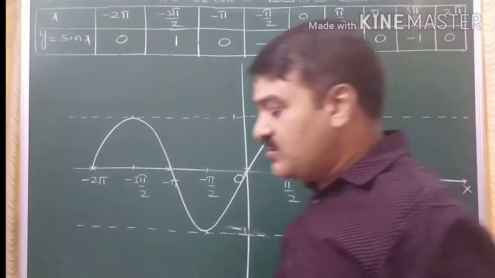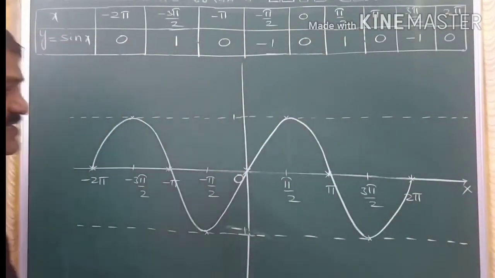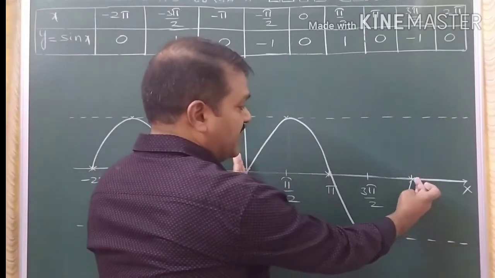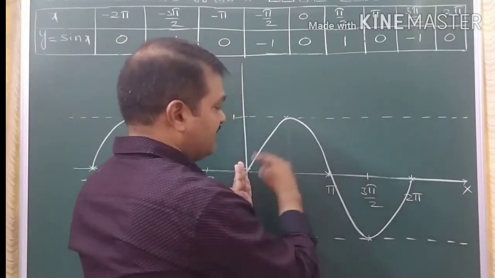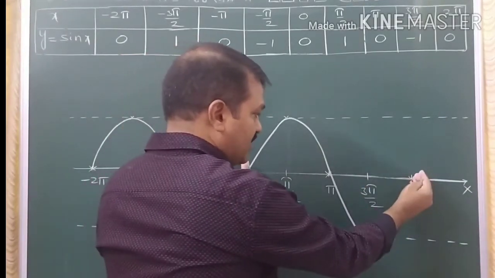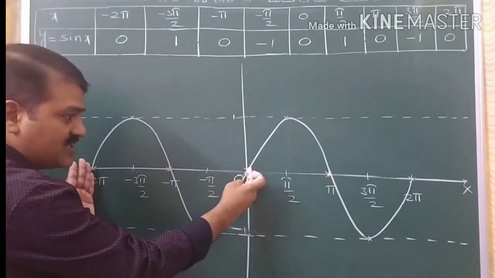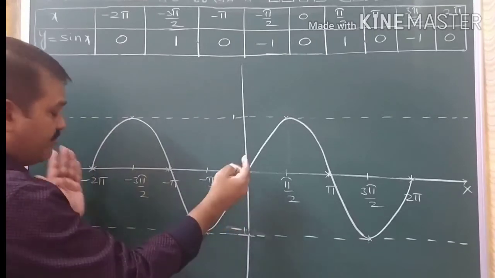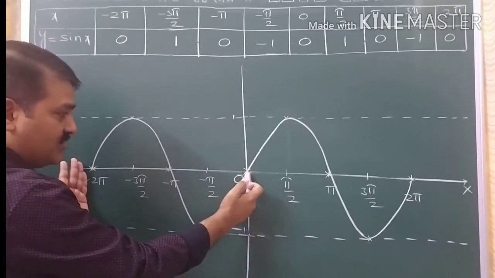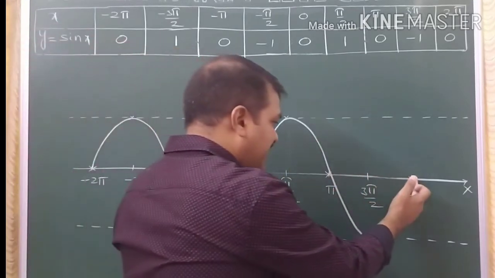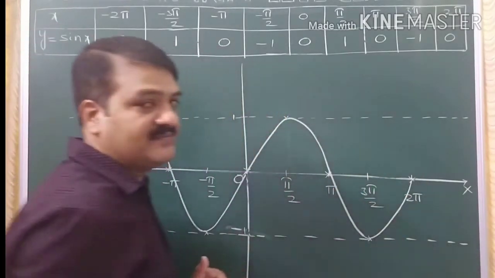Okay, so one more concept we have to discuss in this. When you observe the graph carefully, between 0 and 2 pi, you observe the shape of the curve. Between -2 pi and 0, you observe the shape. Whatever shape we are getting between -2 pi and 0, the same is repeating for 0 to 2 pi.